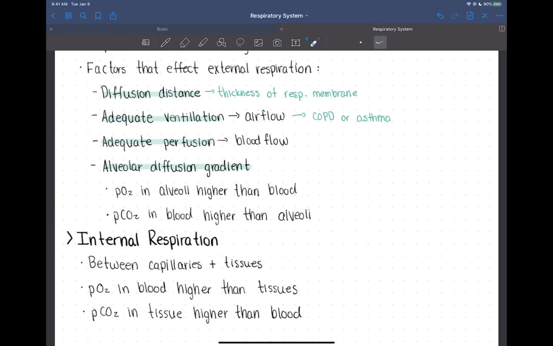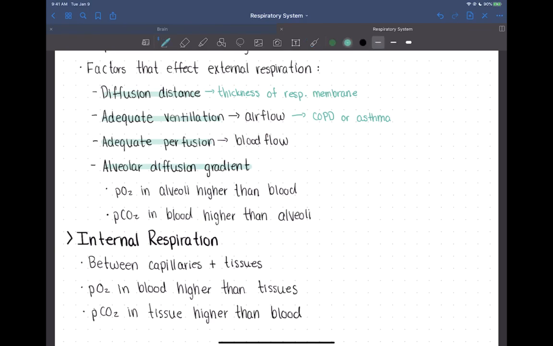And we also need the carbon dioxide in the blood to be higher than in the alveoli in order for that CO2 to move into the alveoli to be exhaled. So we do need a diffusion gradient, a pressure gradient, for the different gases we want to exchange.